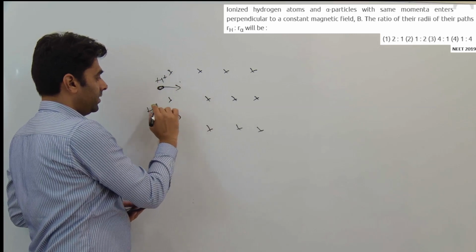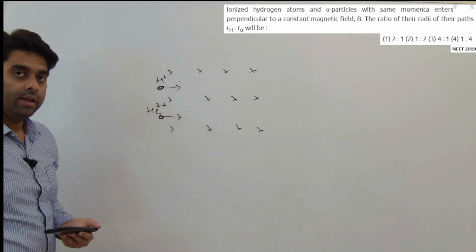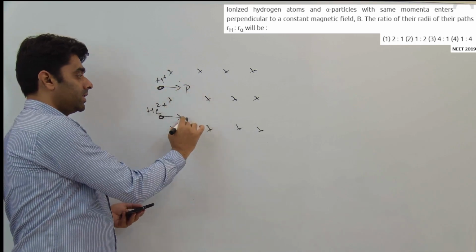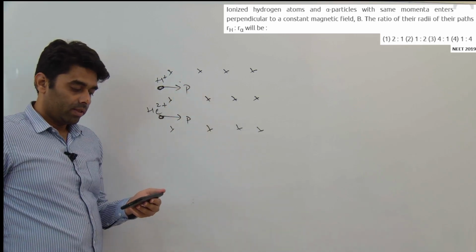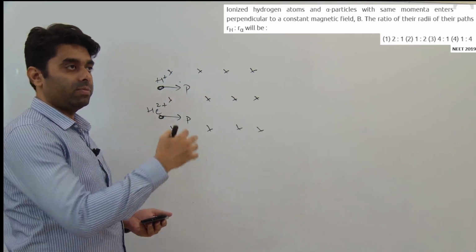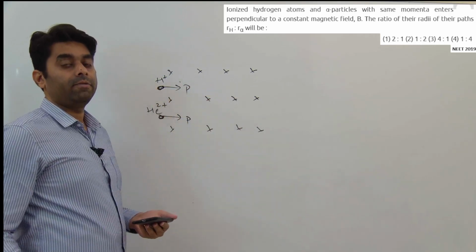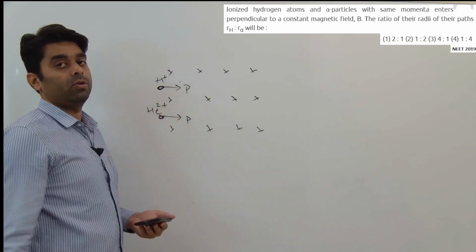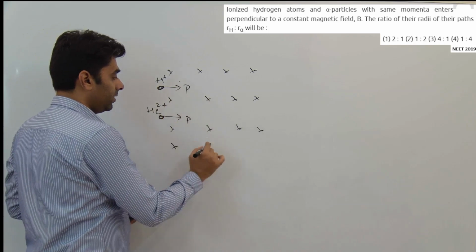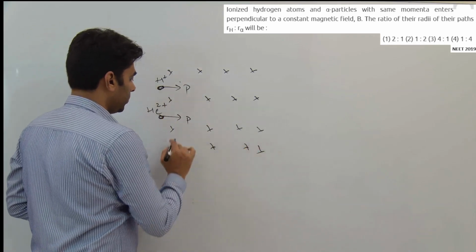Alpha particle is a helium nucleus, that is helium 2 plus, right? Both of them are entering with the same momentum. The ratio of the radii of their paths is asked. Whenever a charged particle enters a magnetic field and moves perpendicular to it, it moves in a circular path.